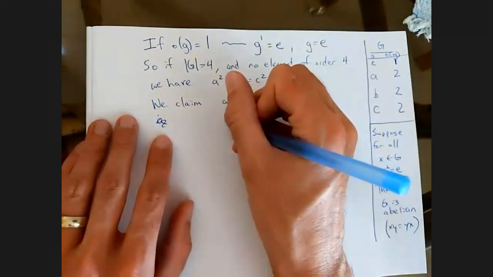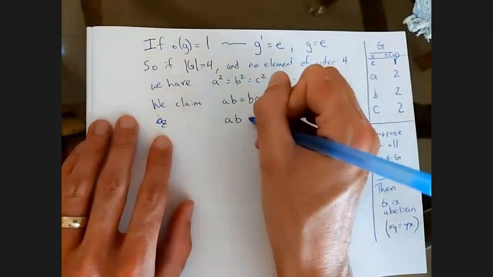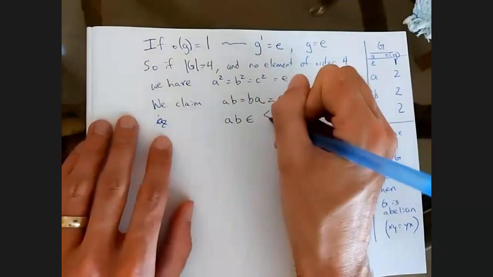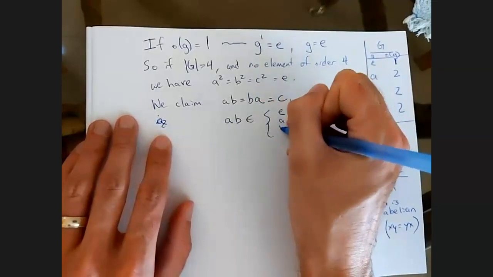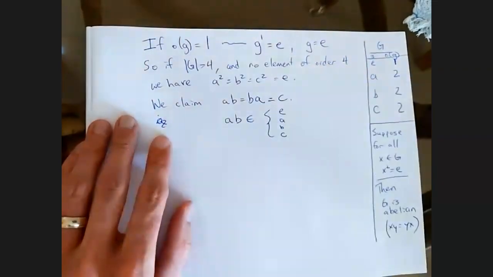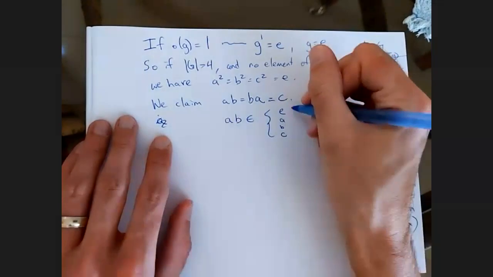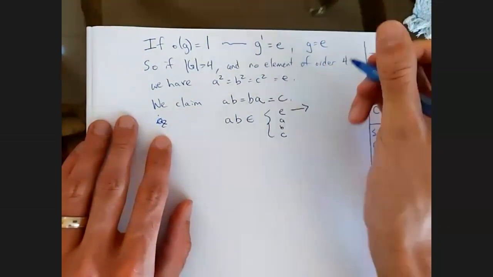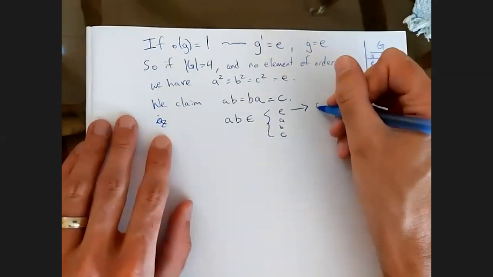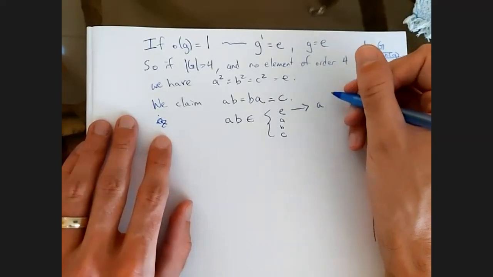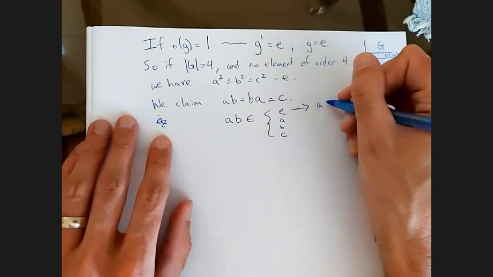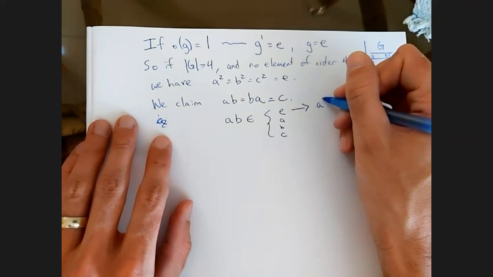The possibilities for ab could be either the identity, a, b, or c. If ab is the identity, then we can multiply both sides by a.